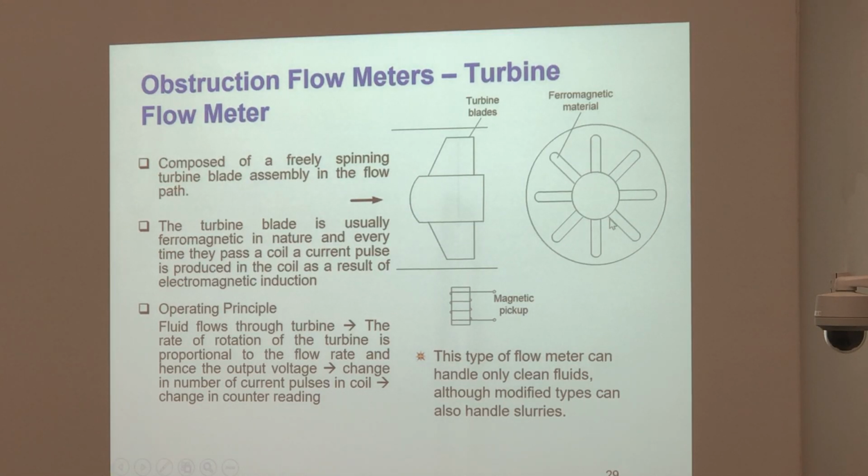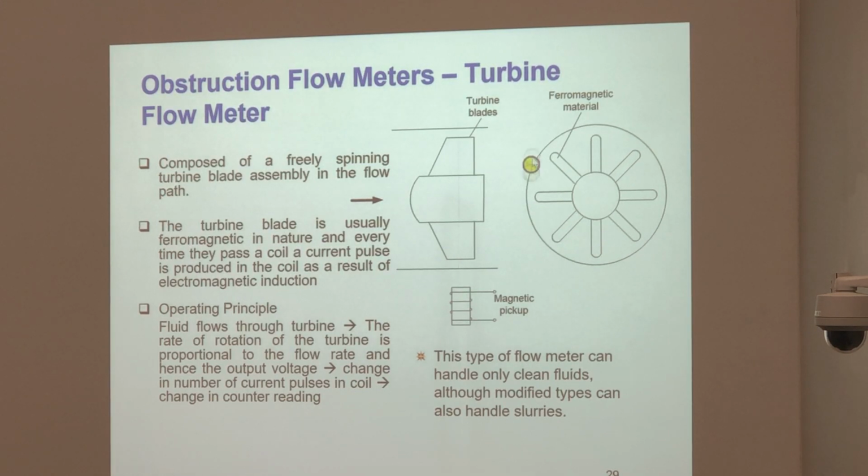So when the flow goes through this pipe, the turbine starts to move. And normally the turbine is made of a ferromagnetic material, which means that when it rotates, if outside I have a coil, I can start to generate some electric signal.